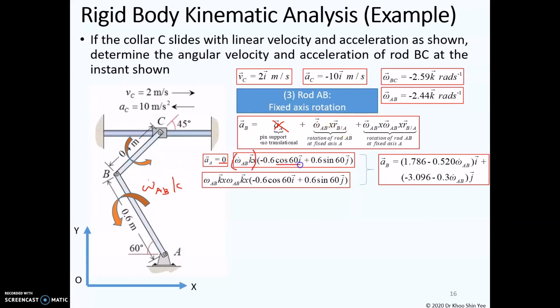RB/A is equal to this, and then you have an additional acceleration component here. So omega AB is unknown, we assume it to be this, and then your RB/A is equal to this, and don't forget the bracket, so you should perform the calculation here.